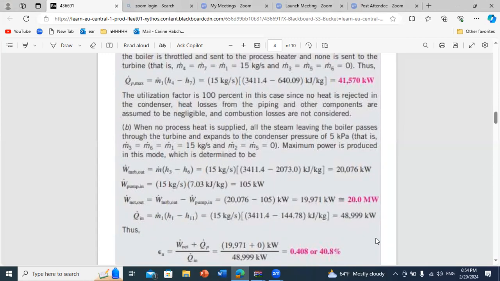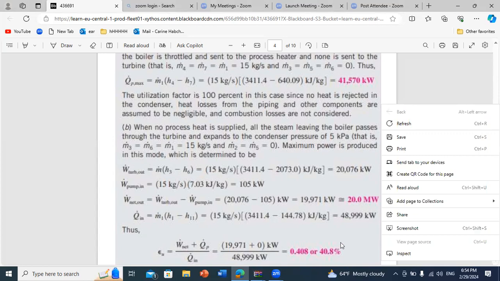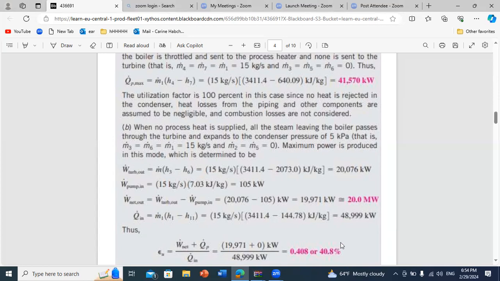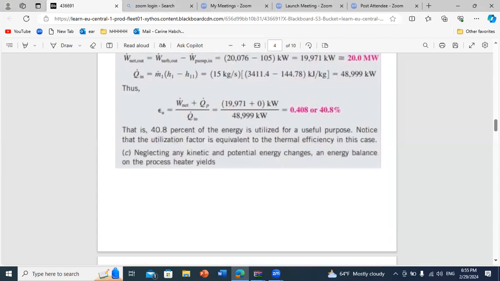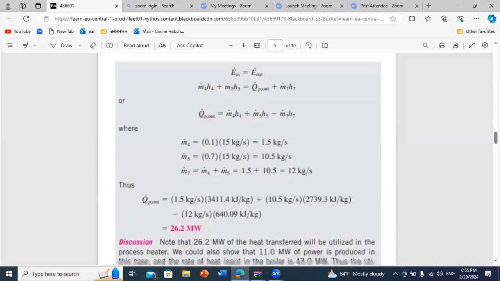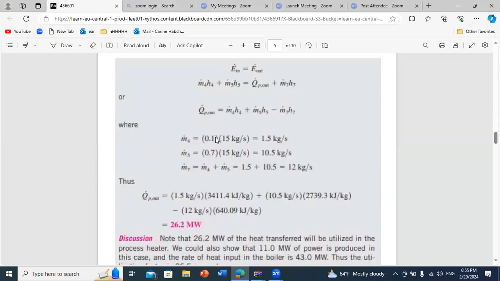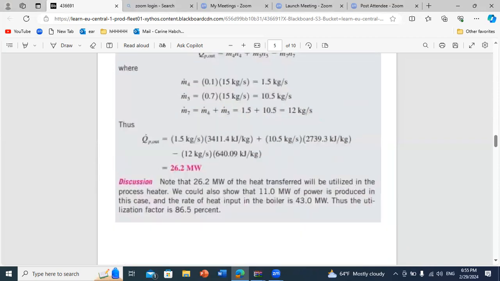So if you want a compromise between electricity production and efficiency, we use cogeneration, which is production of several useful forms of energy such as heat and work. So for the third case, where they gave us the percentages, 10% and 70%, if you do the calculation, you will find that for cogeneration, the utilization factor is 86.5%, which is great.